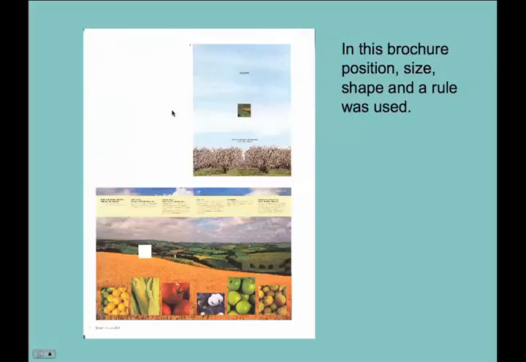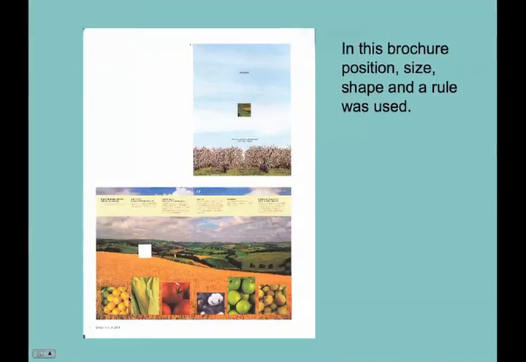In this brochure, position, size, shape, and a rule was also used to create unity. So you have position. You have all of this lined up. You have all these photographs of vegetables and fruits lined up. And here you have not really position other than everything is centered with the exception of the trees, and you could even argue that the trees are centered.